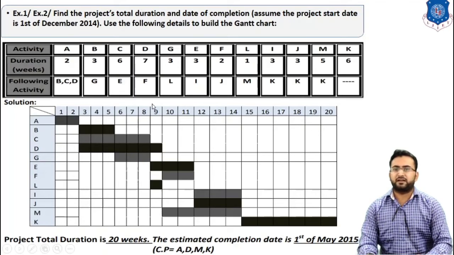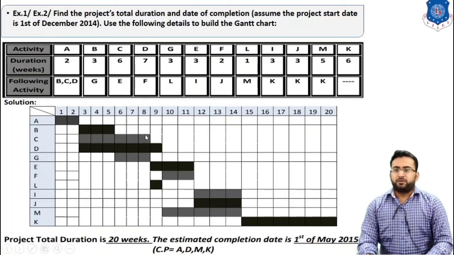Again, we start activity E, which is for 3 weeks, after completion of C. C is complete at 6 plus 2, which is 8 weeks. So activity C is completed at the 8th week.